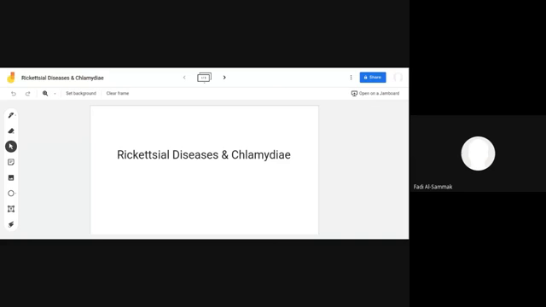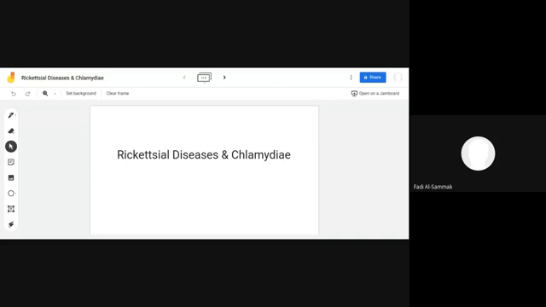So in general, these are very small, and they can be even as small as some viruses. Actually, some of these microorganisms were thought to be viruses.